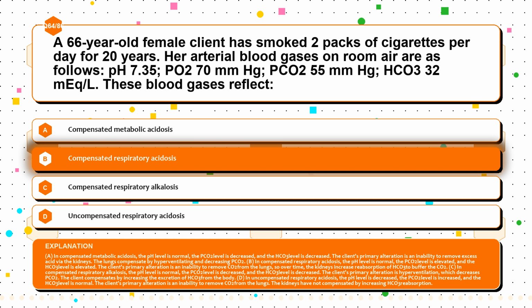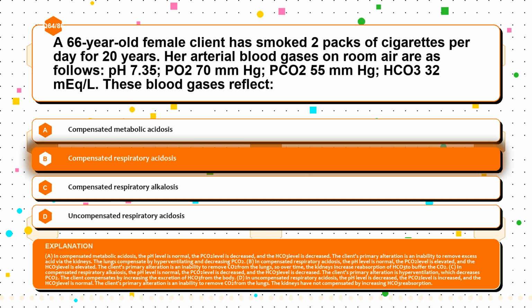In compensated respiratory alkalosis, the pH level is normal, the PCO2 level is decreased, and the HCO3 level is decreased. The client's primary alteration is hyperventilation, which decreases PCO2. The client compensates by increasing the excretion of HCO3 from the body.